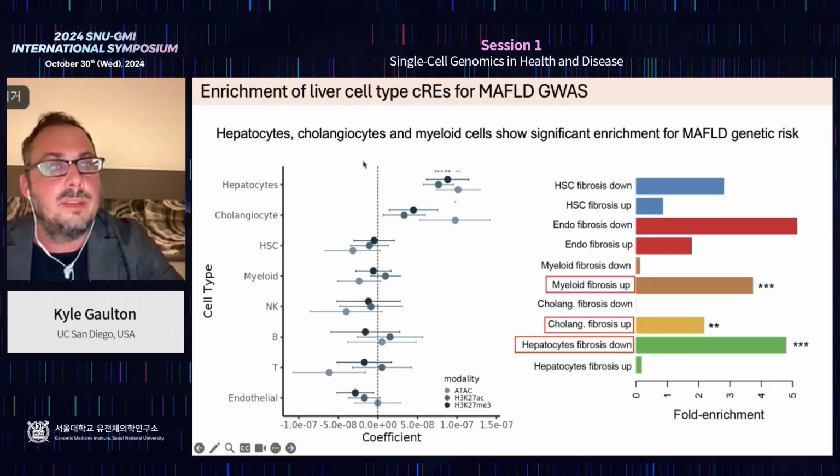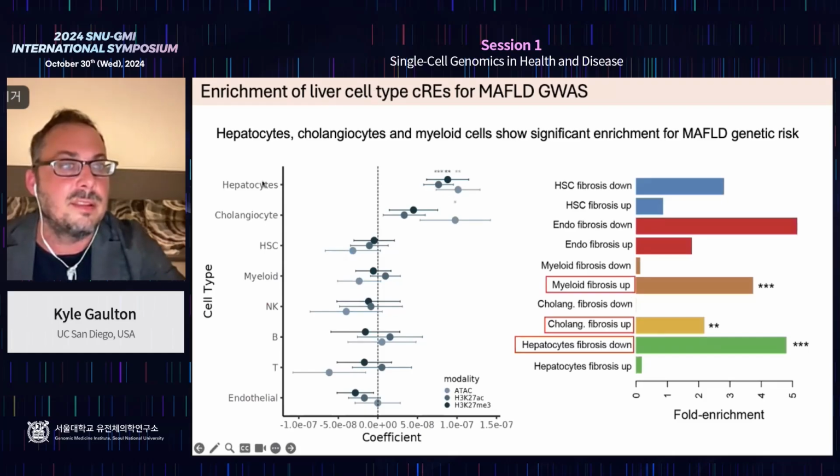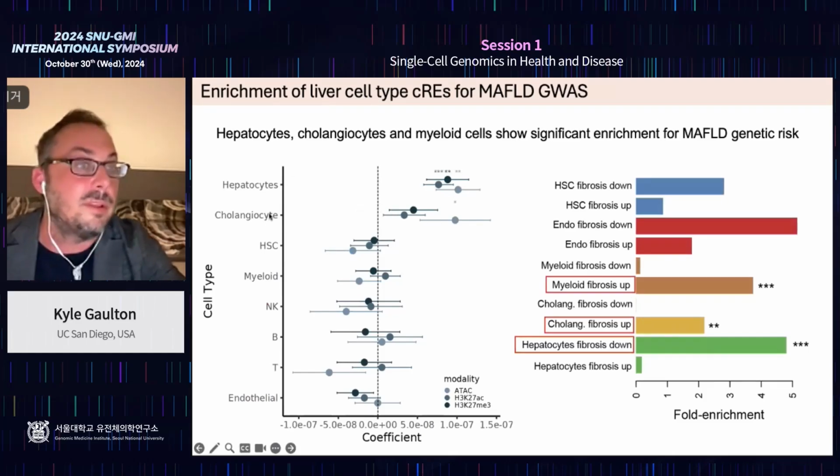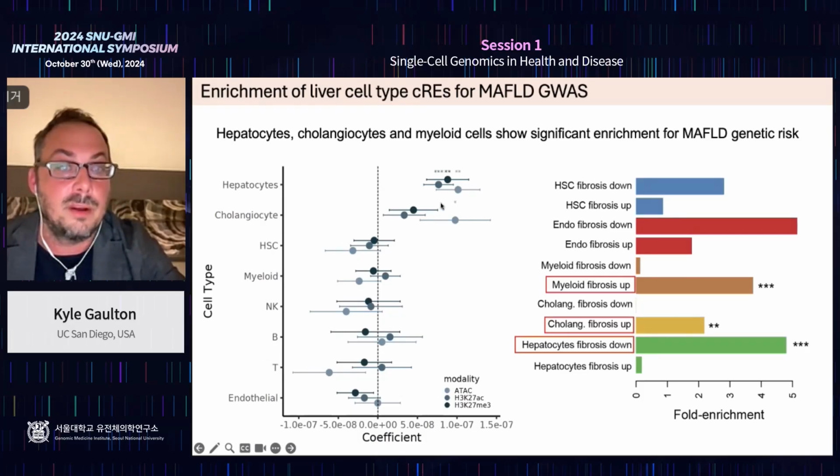Okay, so we then take the cis-regulatory elements and ask whether they're enriched for genetic association for MASLD, which gives us insight into the cell types that are driving disease. So hepatocytes show strong enrichment, as well as cholangiocytes, which are biliary cells that also show strong enrichment.